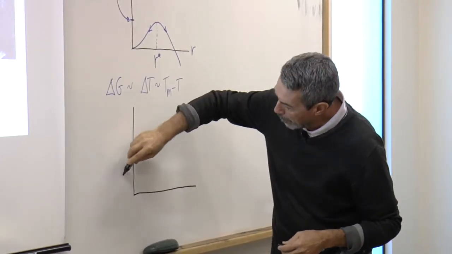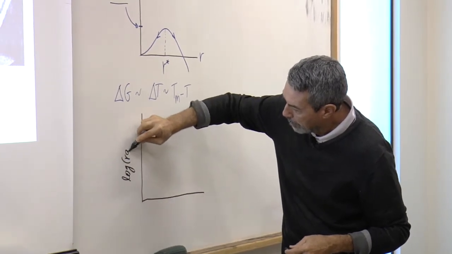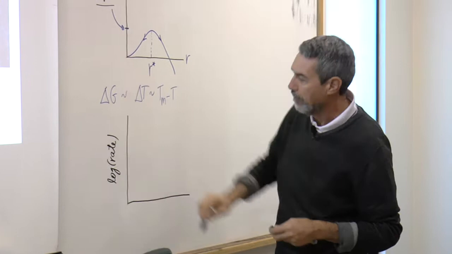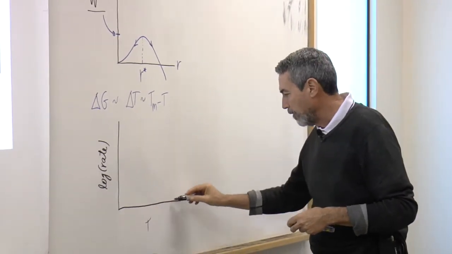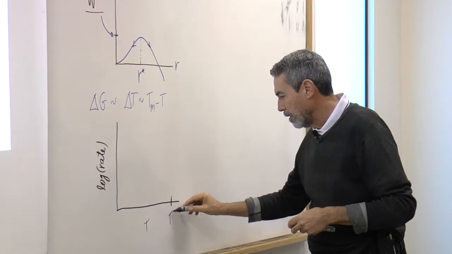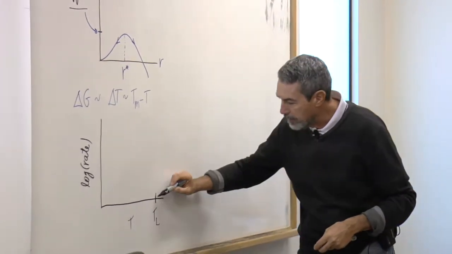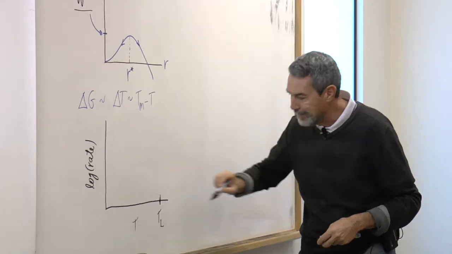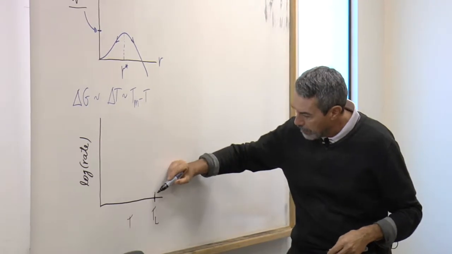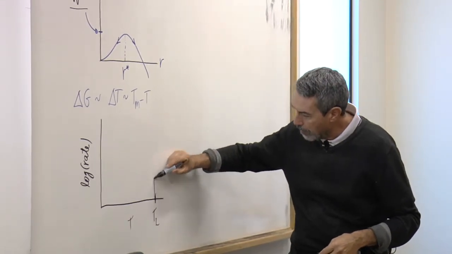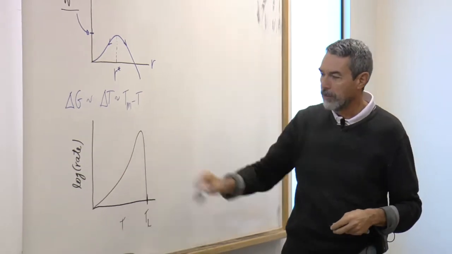So we normally plot here the log of the rate or the velocity as a function of the temperature. If this is the liquidus, the nucleation rate and the growth rate will be 0 at the liquidus. And then the growth rate will reach a maximum and will decay.